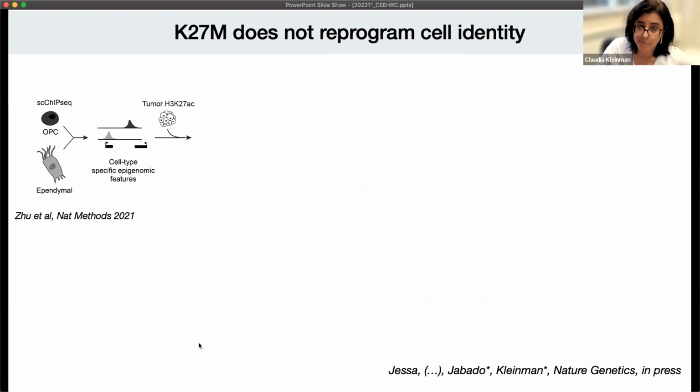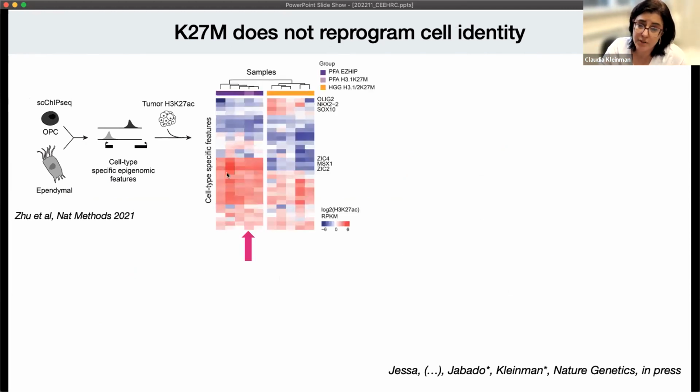Thus, does H3.1 reprogram cell identity? To answer this question, particularly cell identity programs, is it reprogramming the differentiation cascade? So what we did was obtain from Bing Ren's publication single cell chip-seq from the OPC and ependymal cells, the two postulated contexts for these tumors, extract genomic features that are specific to one cell type or the other, and then use these features to cluster our tumors based on acetylation.